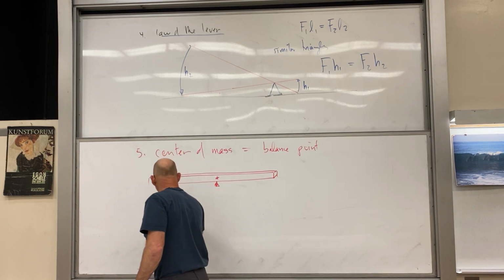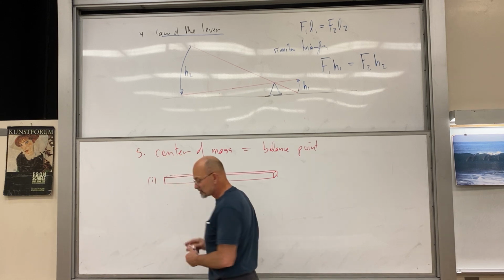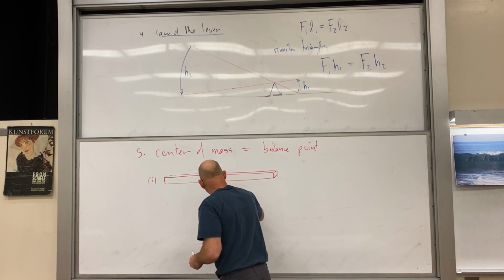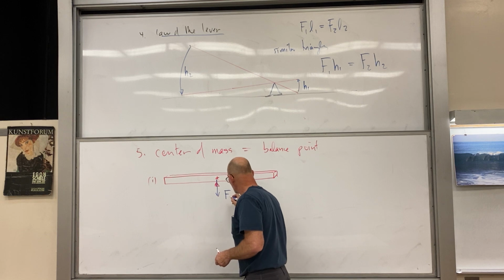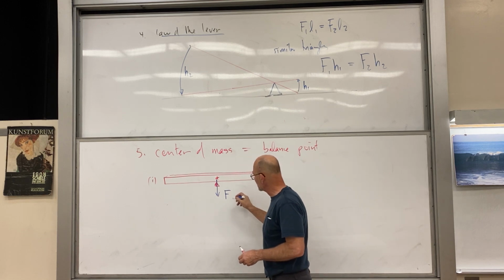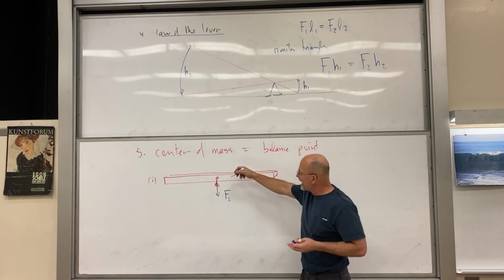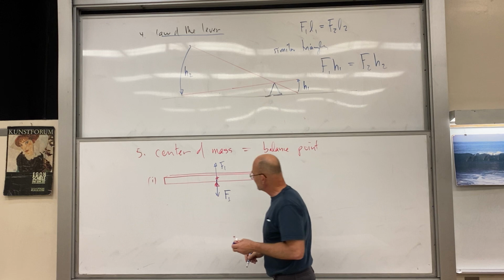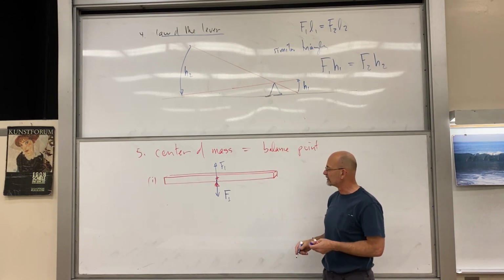Now the second thing is this. Well, we'll draw it on this picture here. We know that F sub ruler, let's call it F sub 1 again, is pointing down, and that little fulcrum, of course, is balancing it so that two vectors are opposing each other, the two forces.